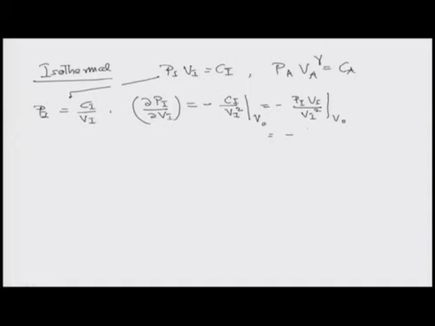I can immediately find out this is nothing but Pi Vi by Vi square. I cancel one of this, and this is minus P naught by V naught. So, the slope is given by minus P naught by V naught. This is the slope of the isothermal curve at the point of intersection. Now, let us go to the adiabatic.